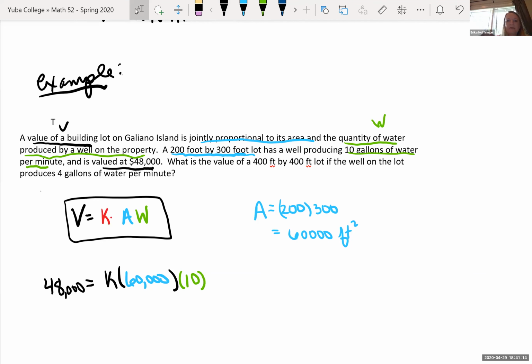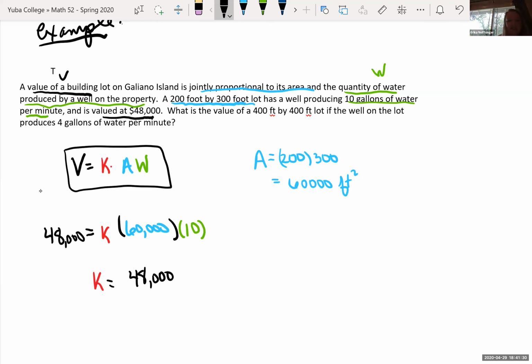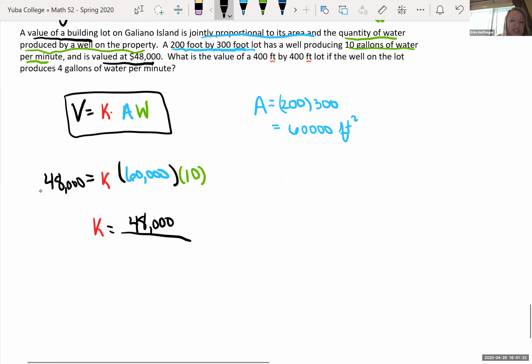So we have enough information here now to figure out what K is. If we take that 48,000 and we divide both sides, well, 60,000 times 10 is really 600,000.